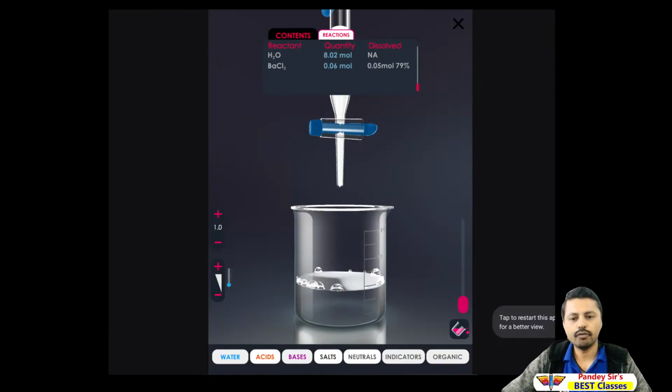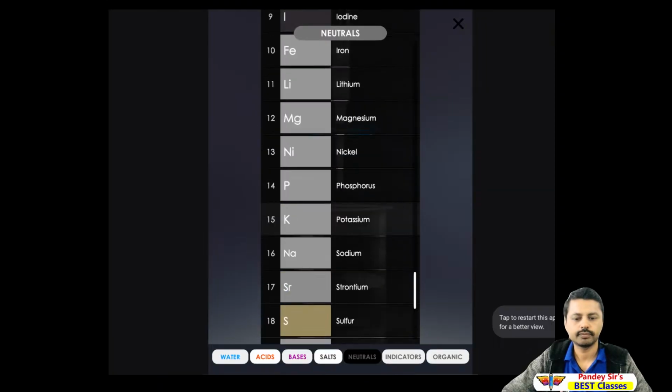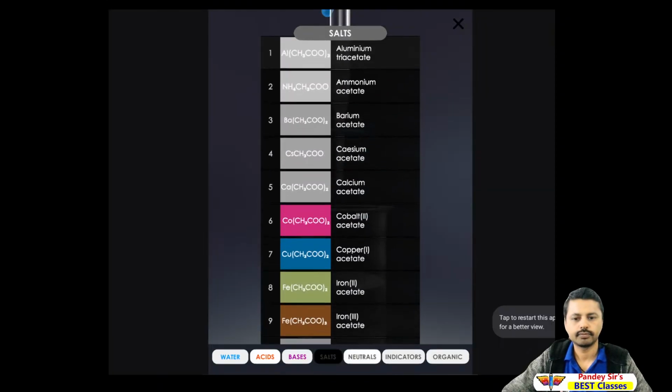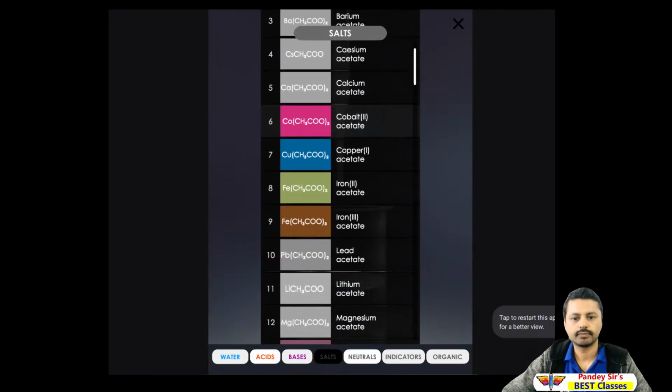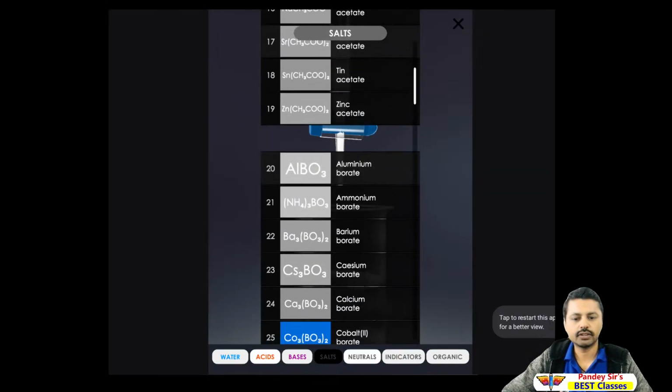Okay, and now we have to mix it with sodium sulfate solution. Let's see, is sodium sulfate available? It should be Na2SO4.